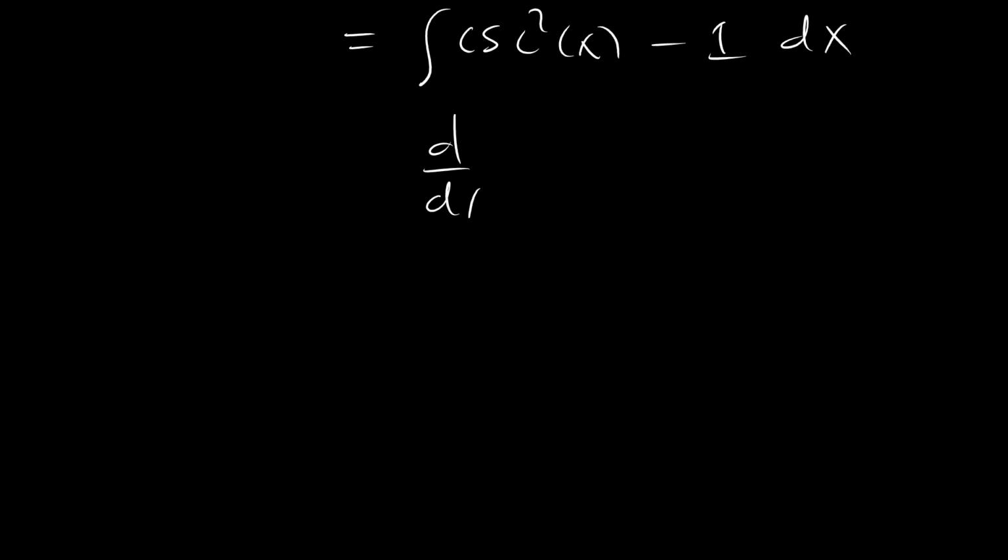So we said our integral is cosecant squared of x minus 1. We know that when we differentiate cotangent of x, we get negative cosecant squared of x, right?